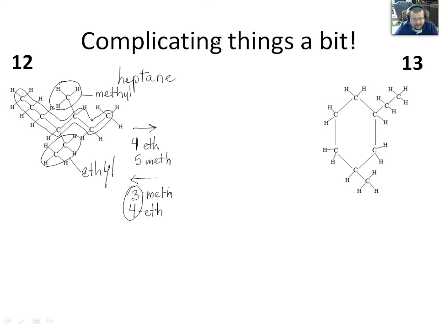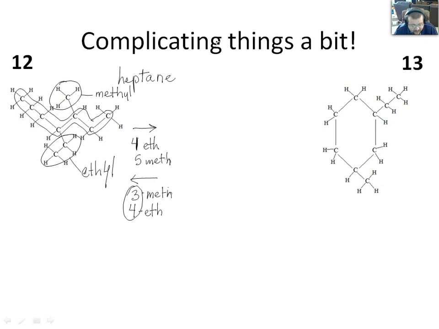The question is, how do we put everything together? We put position number and then name of the group, and then we work our way to the parent chain. But because we have two different substituents, we've got ethyl and methyl, we're going to need to put them alphabetically into the name.